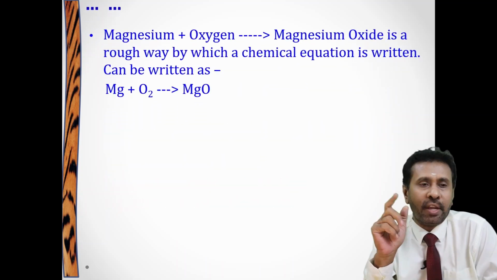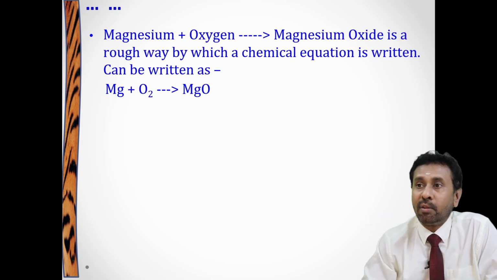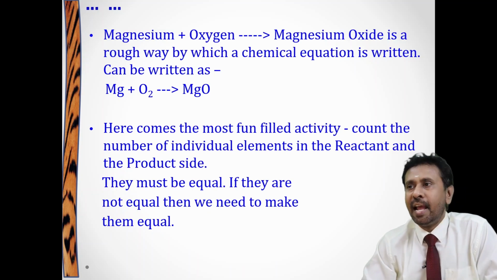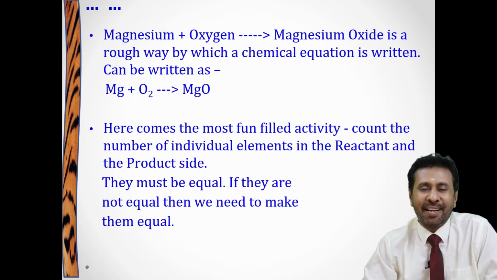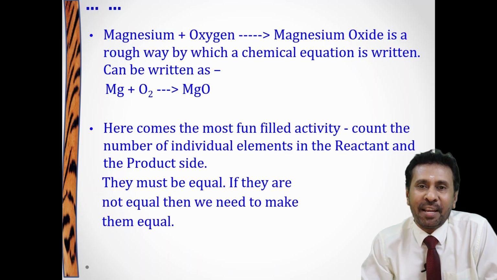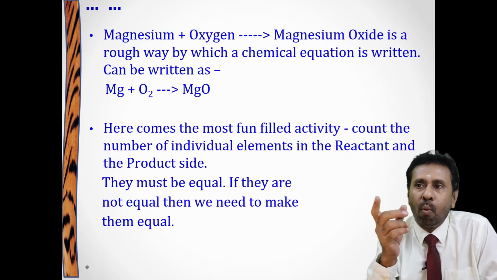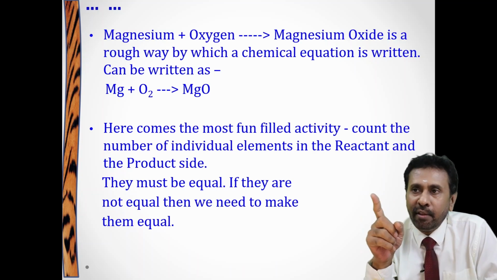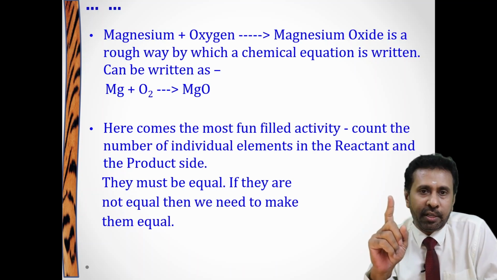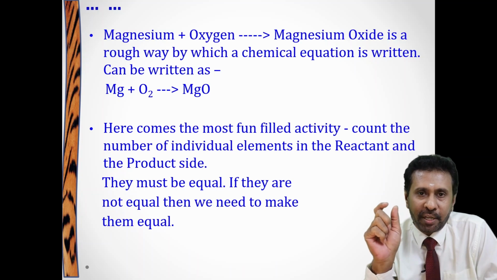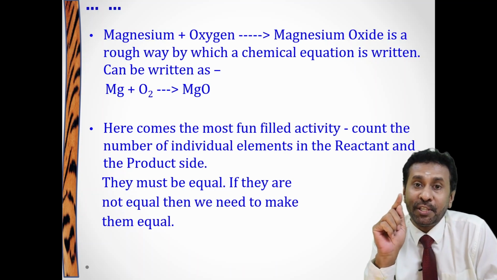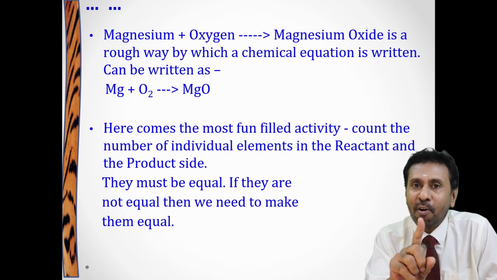Mg plus O2 gives MgO. Good. Now this is the symbolic representation. You have already studied that in your earlier standards, and here comes a fun-filled activity. What you find here is that in the reactant side, the count of magnesium is 1. In the product side also the count of magnesium is 1, but in the reactant side the count of oxygen is 2, while in the product side the count of oxygen is just 1.